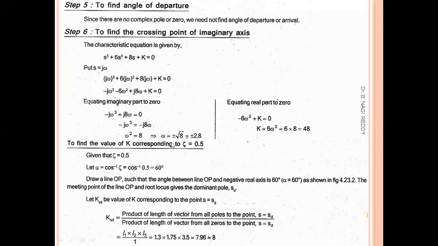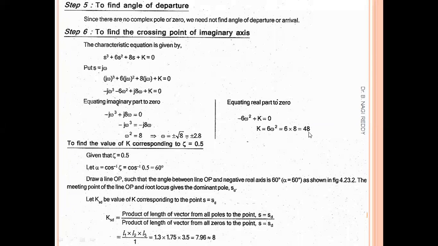With the help of the imaginary part, if we cancel out this j and simplify for omega, we will get omega value as plus or minus 2.8. So this will be the crossing point of our root locus on the imaginary axis. Omega determines the crossing point of the imaginary axis, which is plus or minus 2.8.